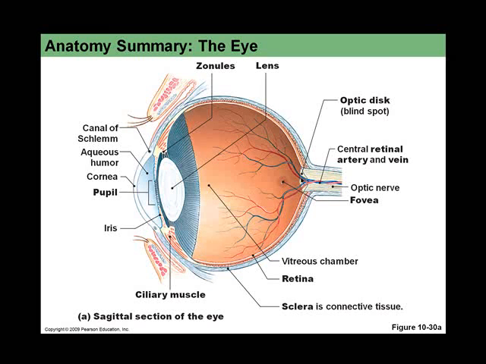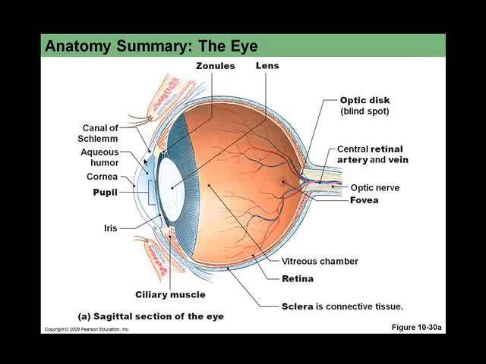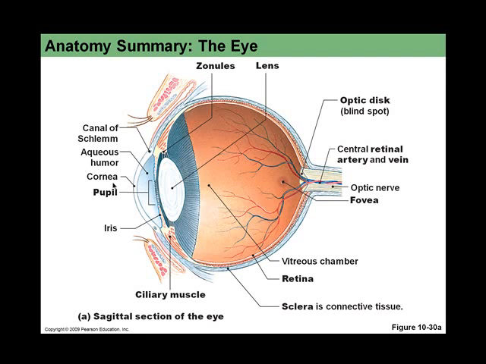But there are two weak spots. One is posterior, where the optic nerve connects, and that area internally is referred to as the optic disc. There's no retina there, so it's called the blind spot. And then the other area where it is altered and weakened, you could consider it that way, is at the cornea.